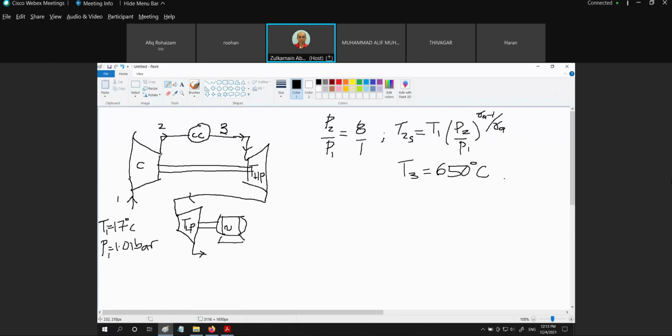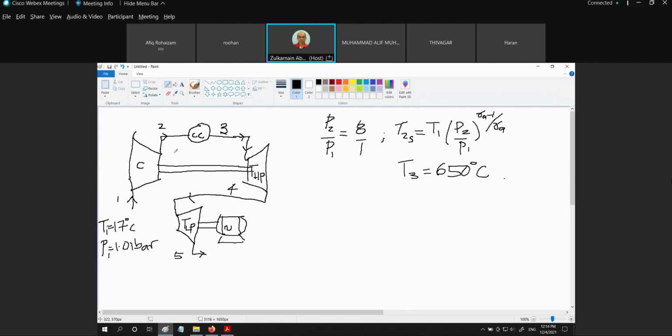Now we have already connected each component with the flow line. So if this is 1, this is 2, this is 3, this should be 4, and this should be 5.